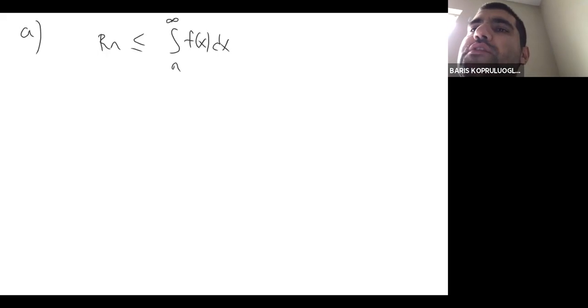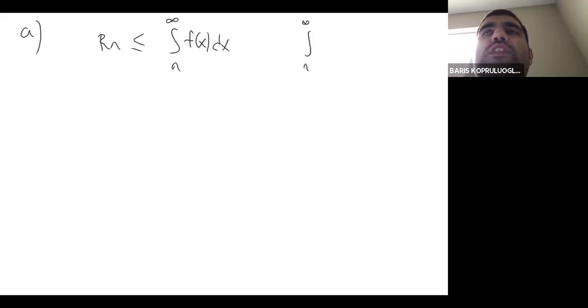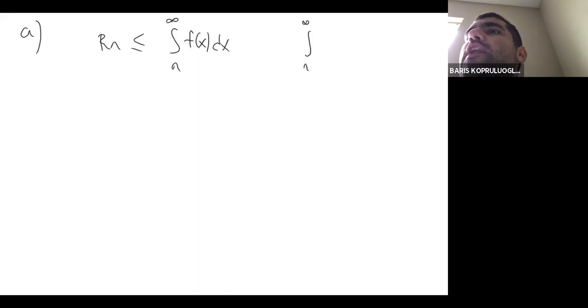So let's try to calculate this integral from n to infinity. What is the corresponding function? Our series is 1 over n cubed, then the corresponding function is going to be 1 over x cubed dx, right? So let's try to integrate this, which shouldn't be that bad.